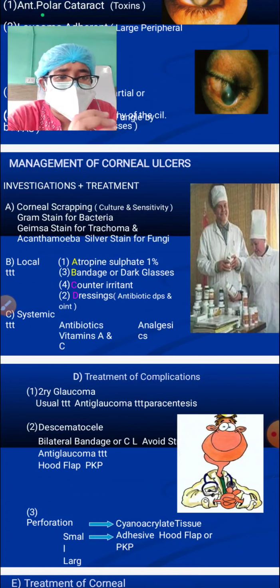These are the basic investigations for corneal ulcers.